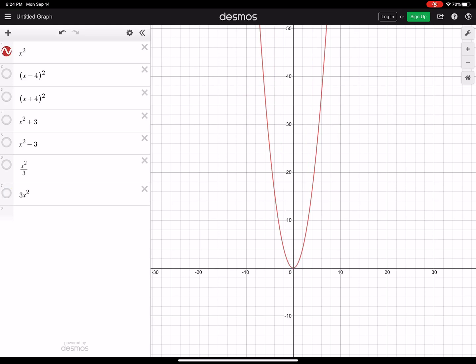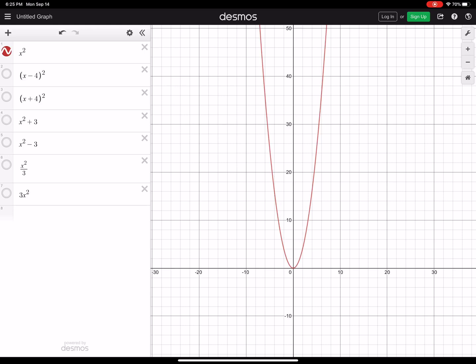So to recap, if I want to move my parabola to the right 4 units, I will subtract 4 within parentheses. If I want to move it to the left 4 units, I will add 4 within parentheses. If I want to move it up 3 units, I will add 3 to the x squared term, but not within parentheses.